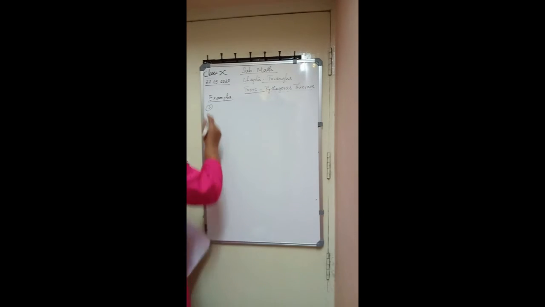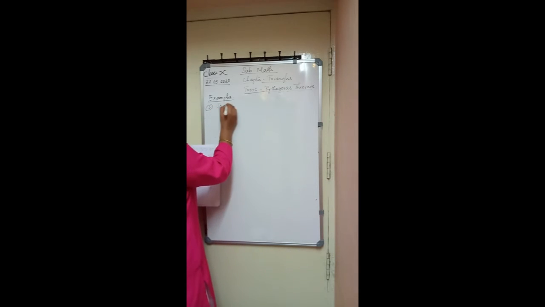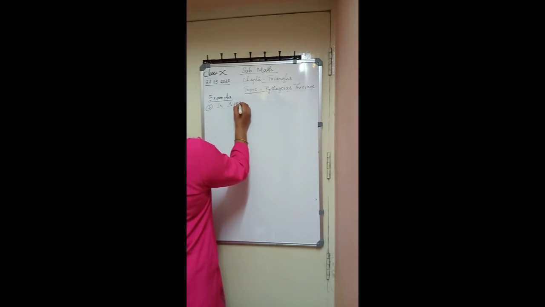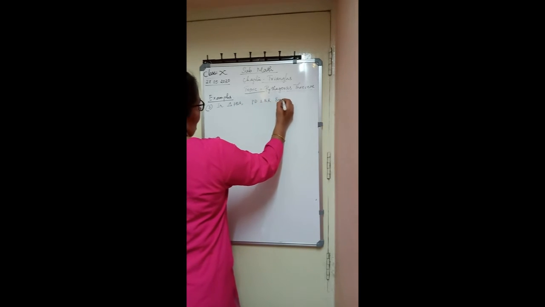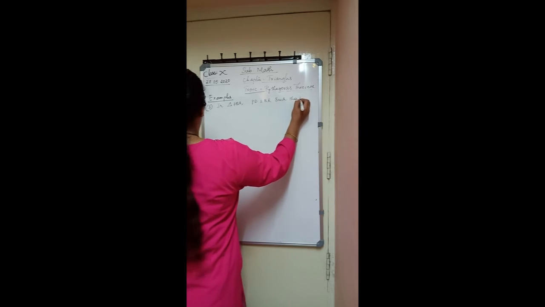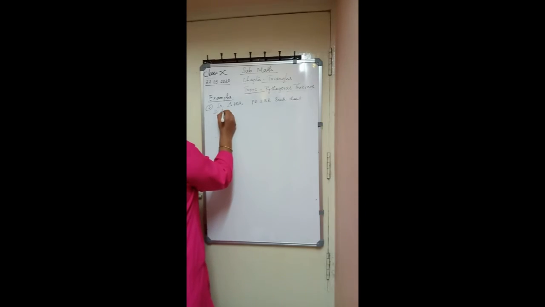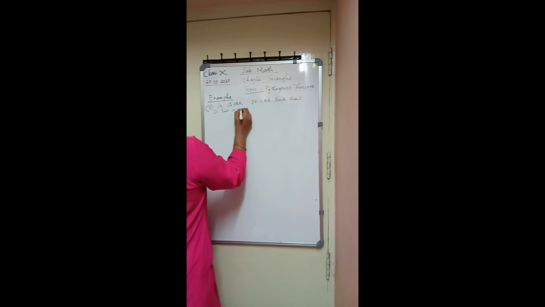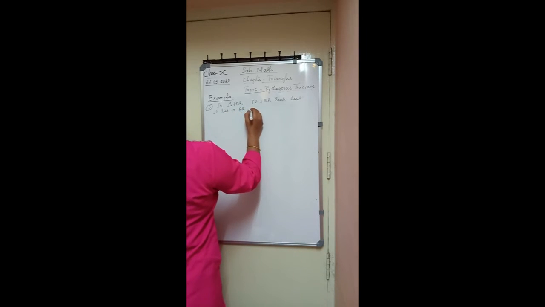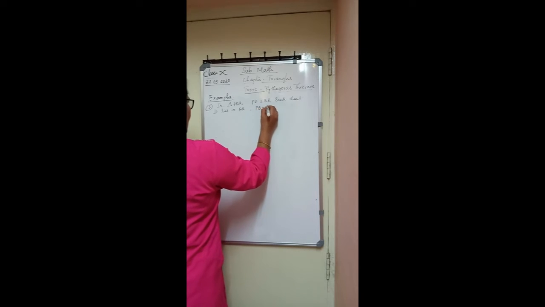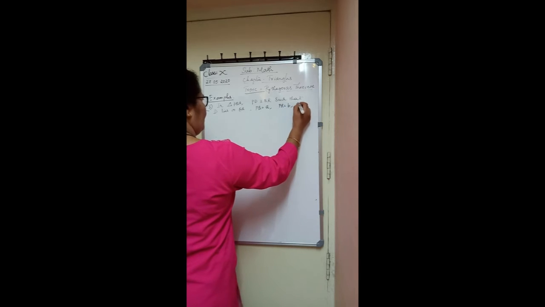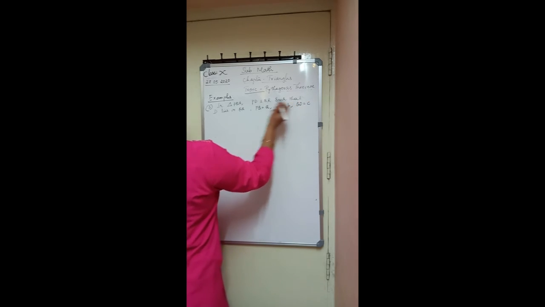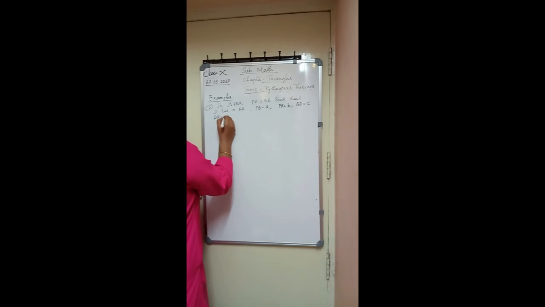Example 5. In triangle PQR, PD perpendicular to QR such that D lies on QR, PQ equals a, PR equals b, and QD equals c, DR equals d.